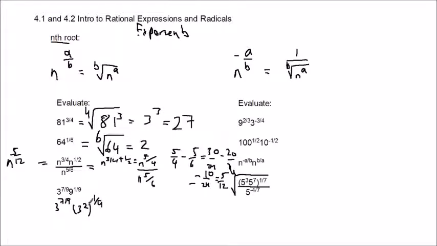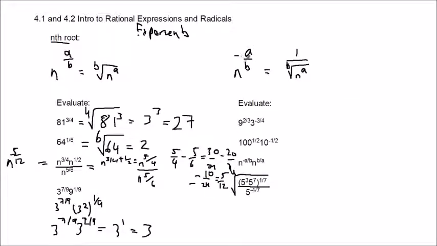When you put a power on top of a power, no matter what base it is, you multiply the powers. So 2 times 1/9 is 2/9. Now we have 3 to the 2/9 and 3 to the 7/9. 7/9 plus 2/9 is 9/9, so it's 1. 3 to the 1, which is just 3. It turned out really well. It turned out a lot better than you probably would have thought.